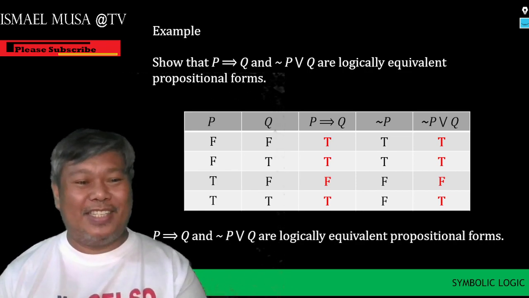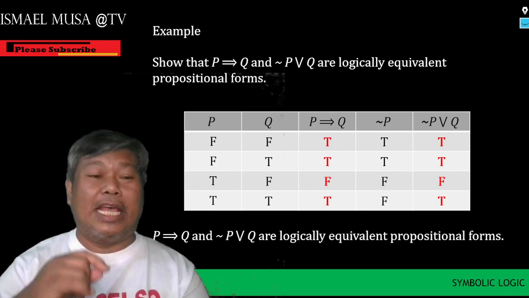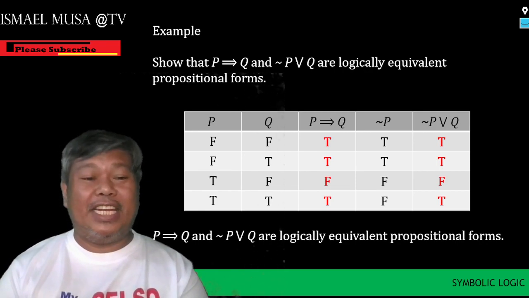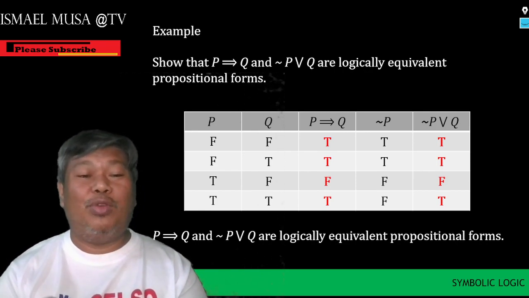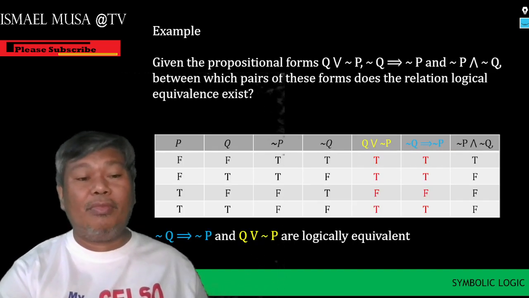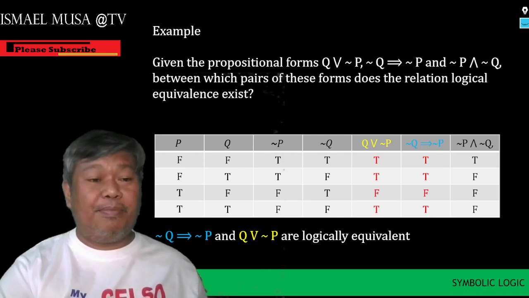In other words, P implies Q, you can write that also as not P or Q. We say they are logically equivalent propositions. Okay, consider the following. Are they logically equivalent propositions?